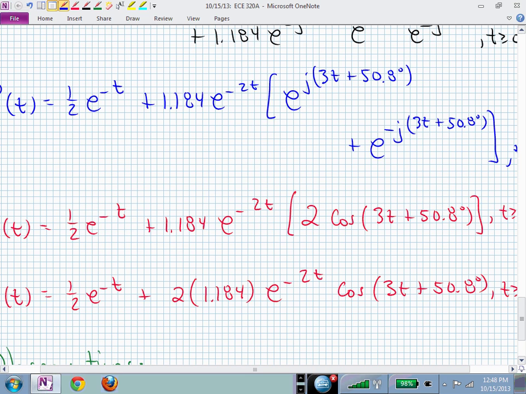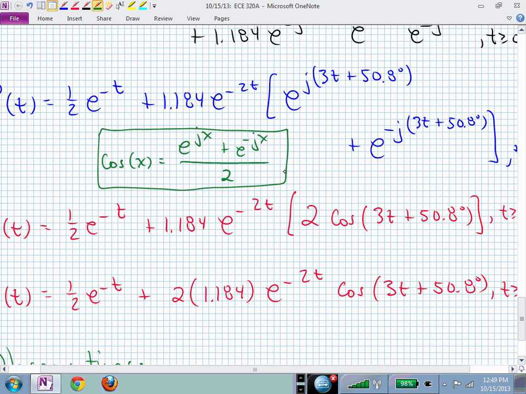And the 2 in front of the cosine comes straight from Euler. If you remember Euler, now I'm saying that the cosine of x is equal to e to the jx plus e to the minus jx over 2. That's what I'm using to obtain that.